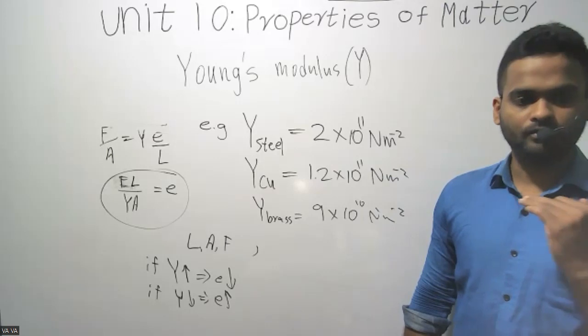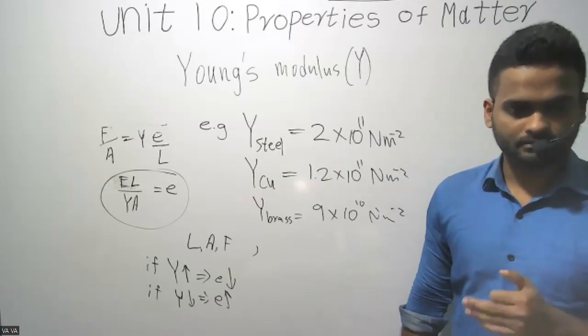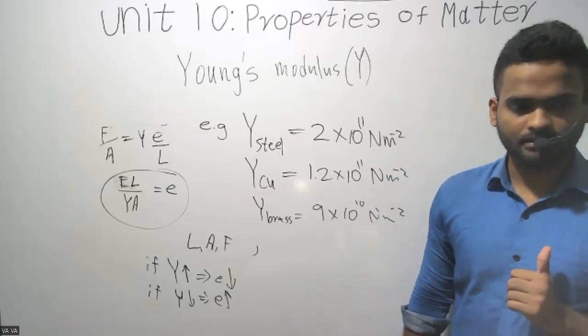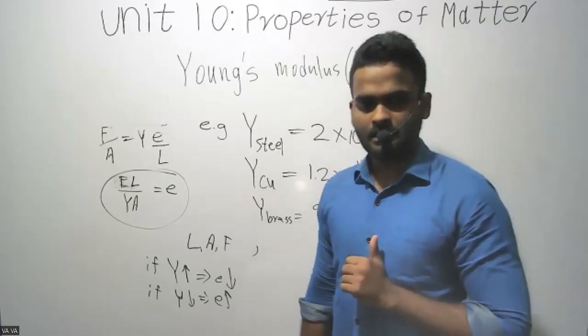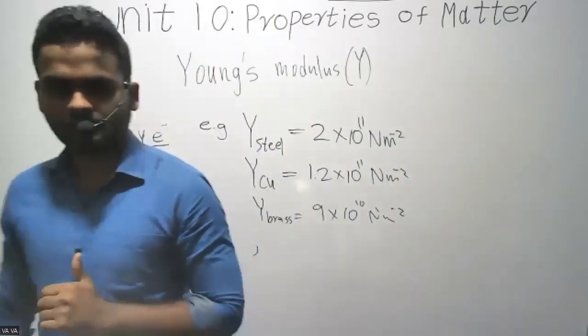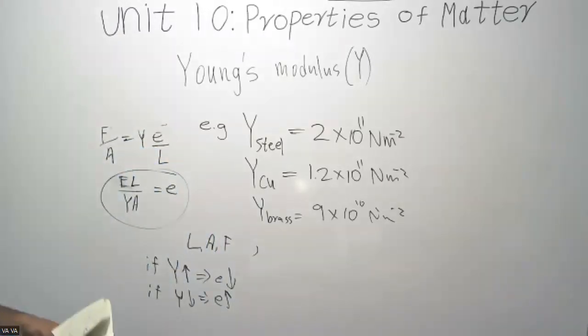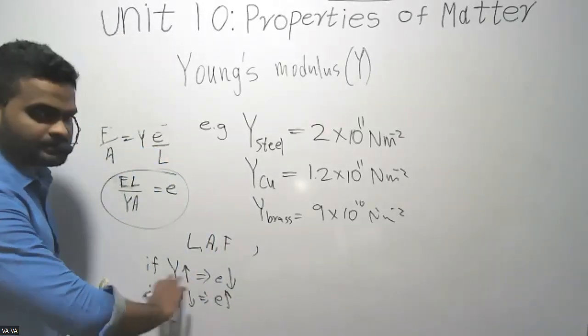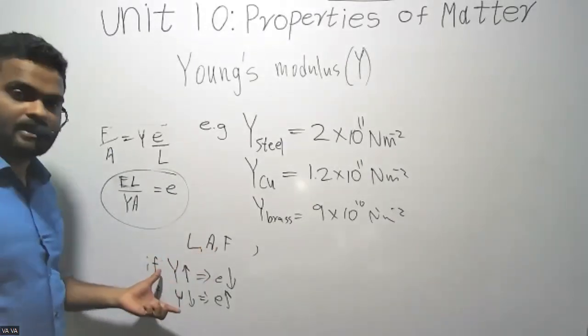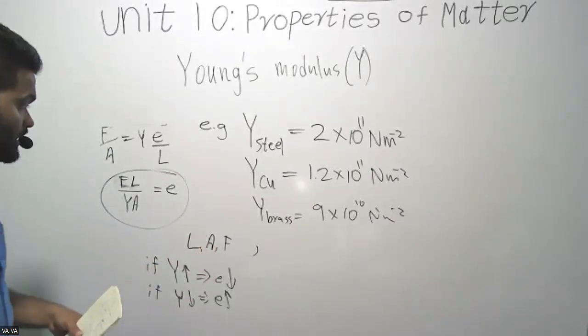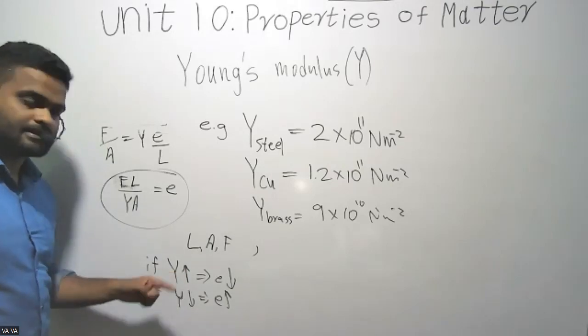If you don't understand something, just send me a message, right? Okay, just write this. These points you will need when we are doing questions. That's why I'm giving you this, right? Okay, how does this happen?